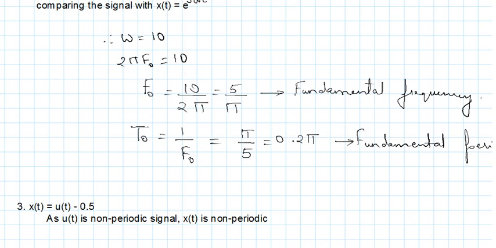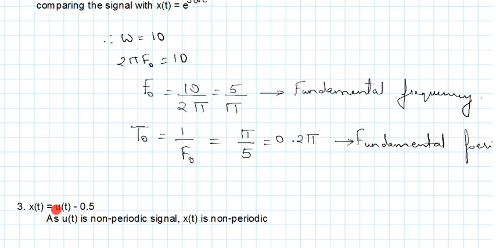We know that the u(t) signal is a non-repeating, non-periodic signal. As we had just discussed when we talked about non-periodic or aperiodic signals, u(t) is not repeating. u(t) is 0 for t less than 0 and u(t) is 1 and remains 1 up to infinity from 0. So there is no repeating pattern in u(t).